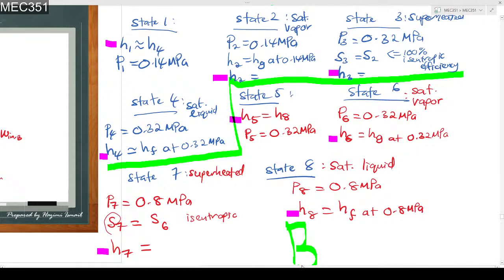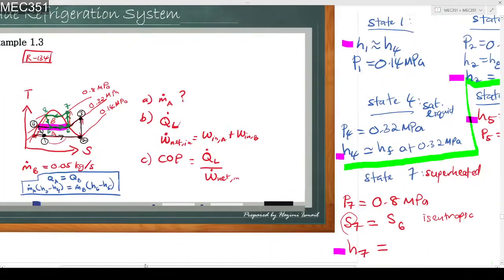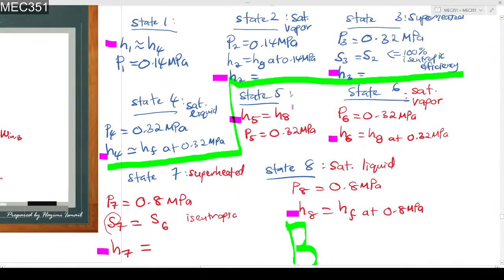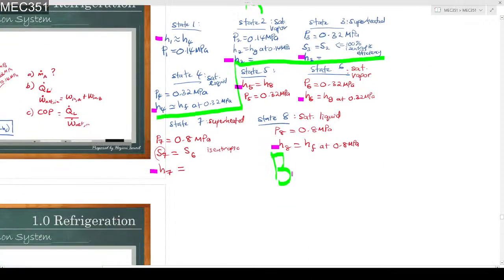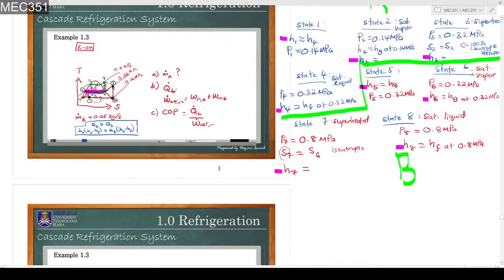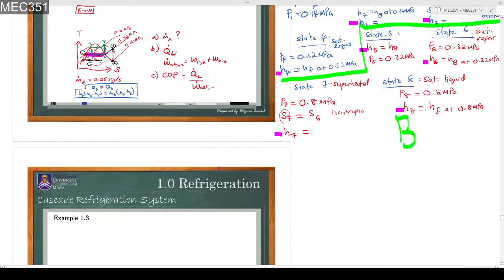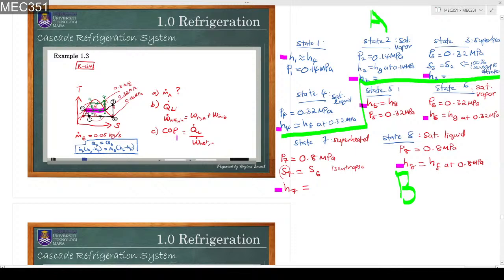Okay. So I want you to find these values of enthalpy, and by using that value we will use in this equation to find the m dot a, q dot l, and COP.